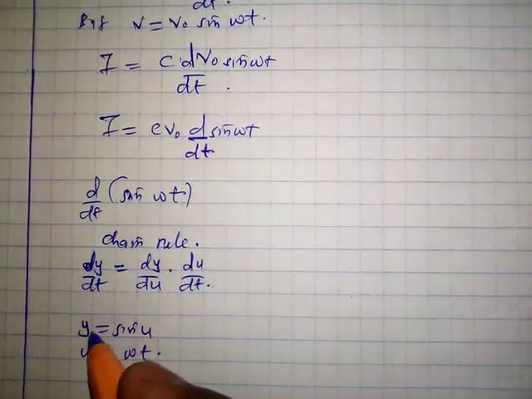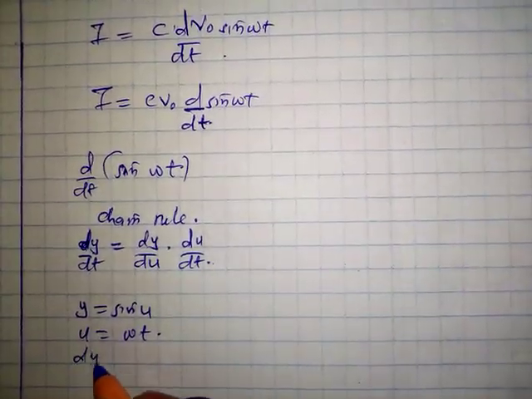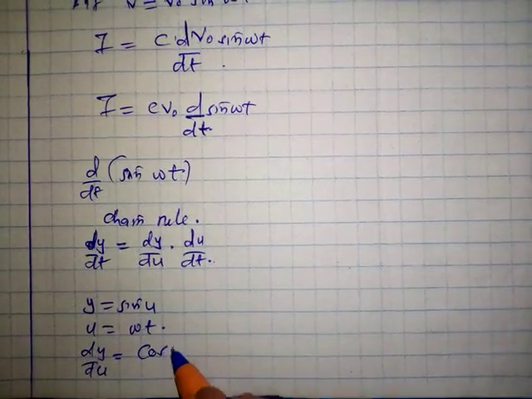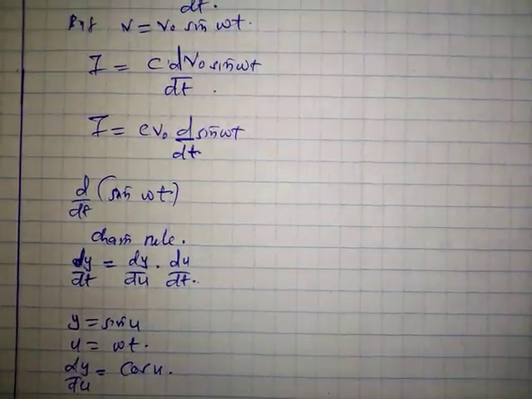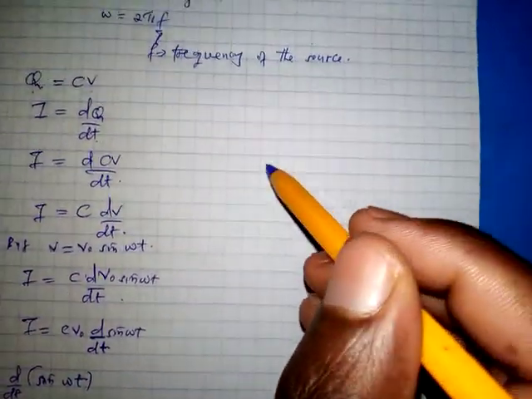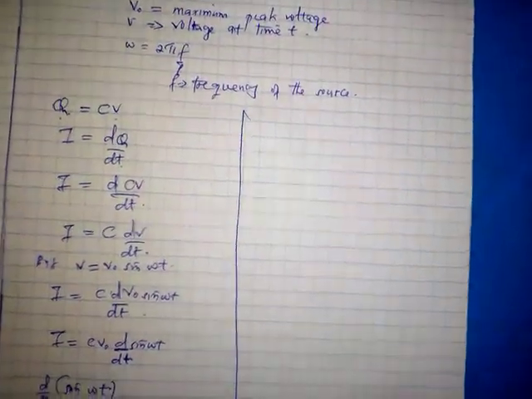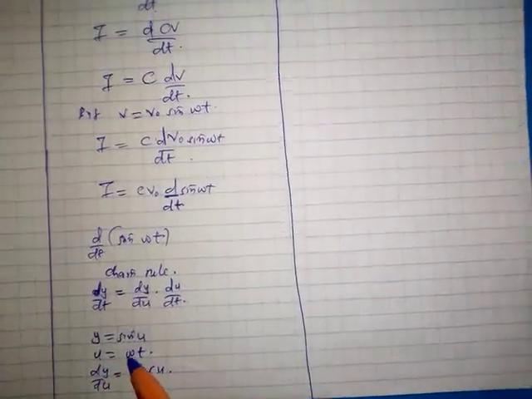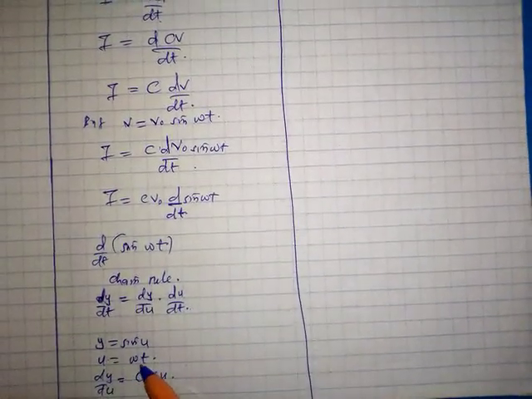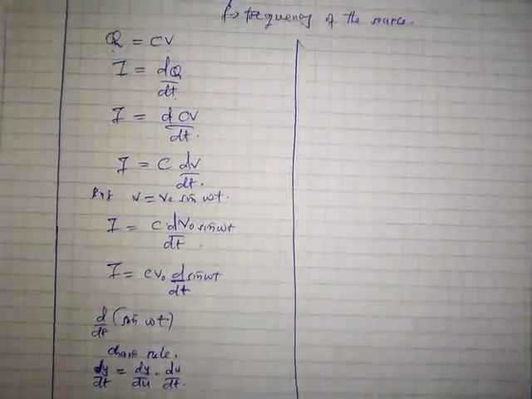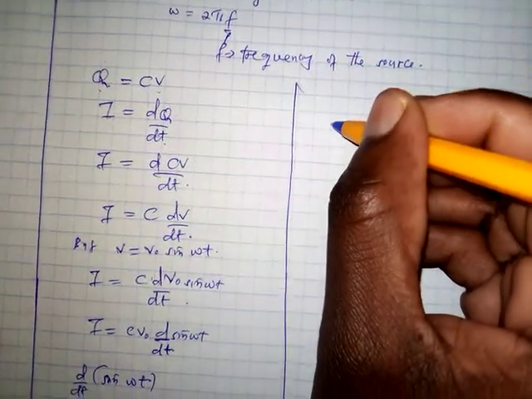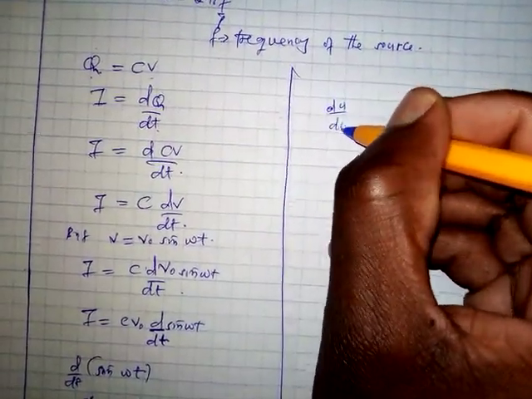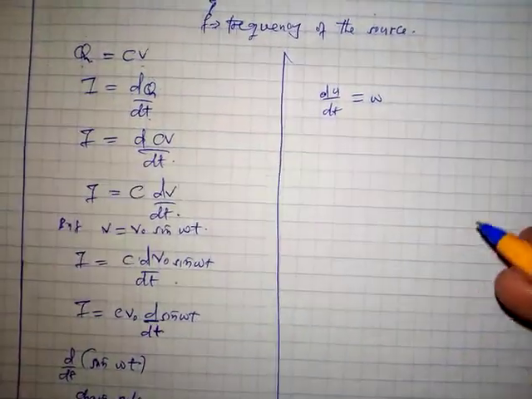So dy du, if we differentiate sine u, we get cos u. And if we differentiate u with respect to t, that is omega t, we get omega. So du dt is equal to omega.